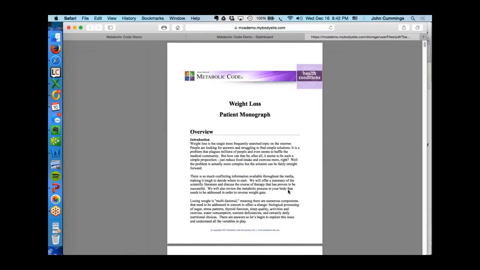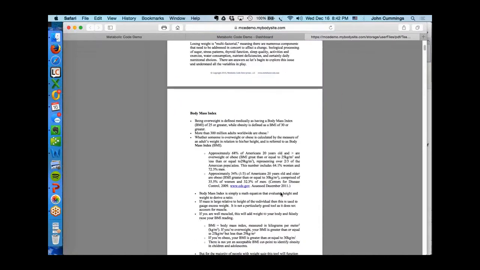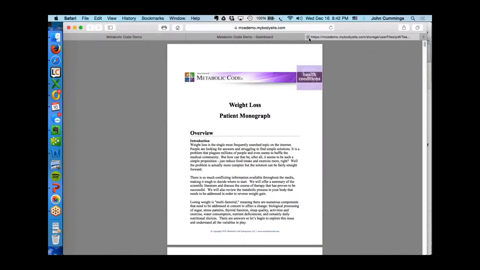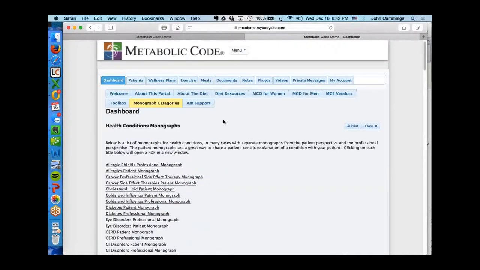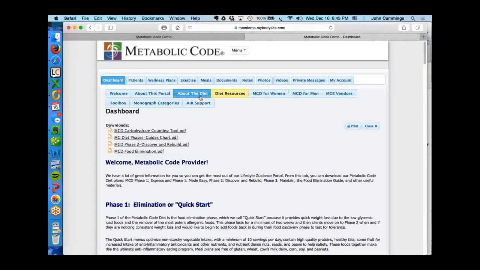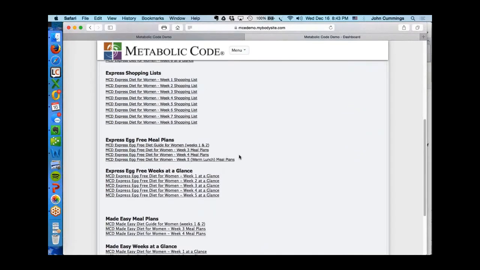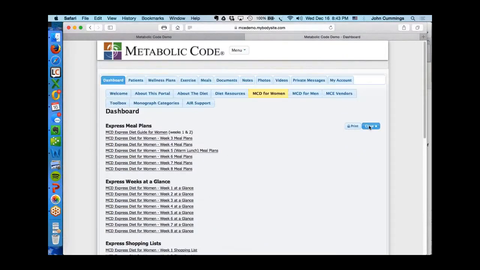So you've got these really nicely done monographs, which are even more detail and more helpful information than what you've seen in the Air Support summaries. And all the resources that go into the Metabolic Code diet are included here in your account so that you can use these with patients in any way that you see fit.